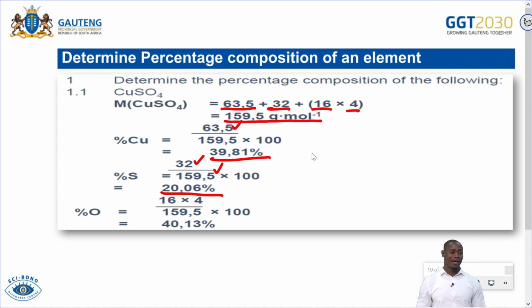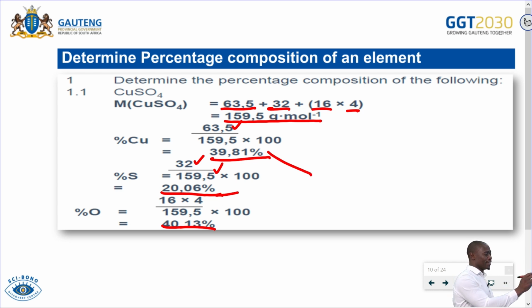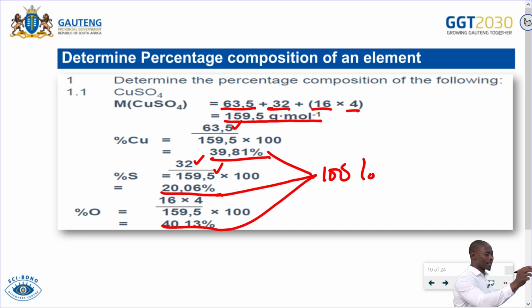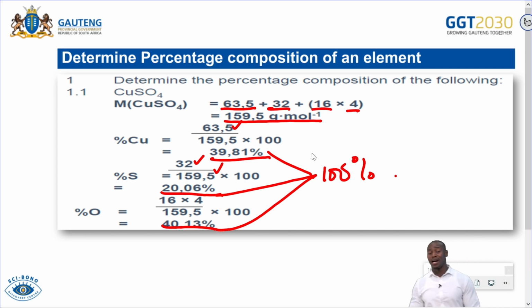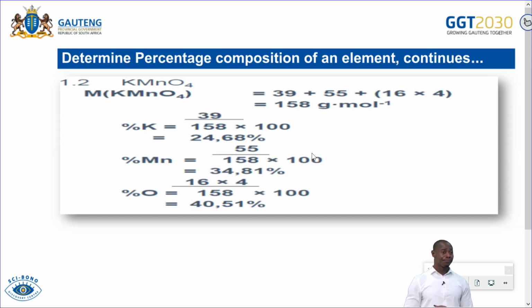Multiply that by 100. Then the percentage of oxygen in 1 molecule of copper sulfate is 40.31. So when you add this 39, this 20, and then this 40, you must get 100%. So this is how we calculate the percentage composition of elements in a compound, all right?